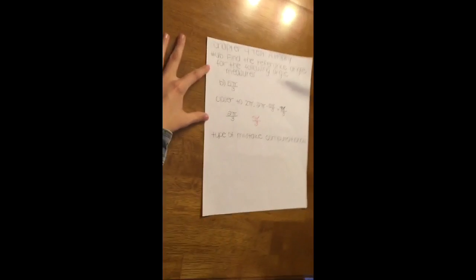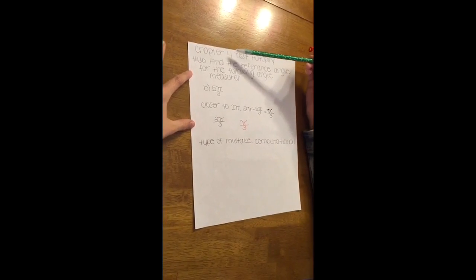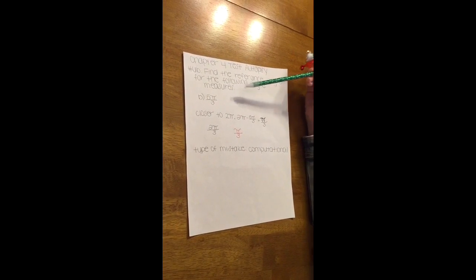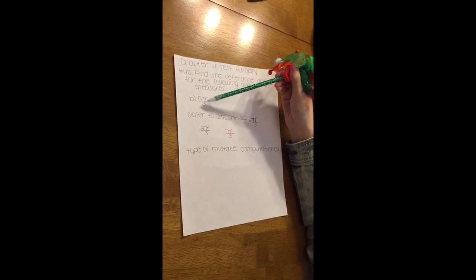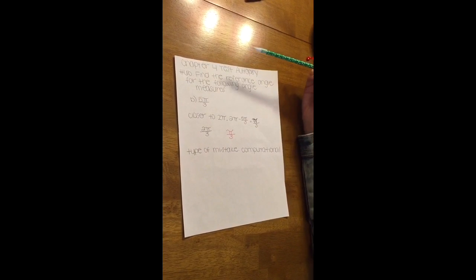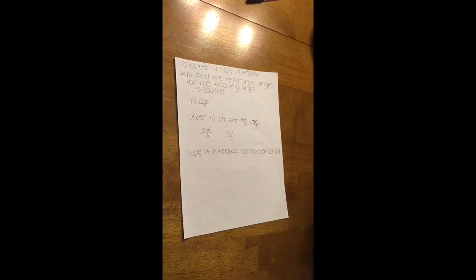Finally, our number 1 in our not-so top 5. This is number 6b of a Chapter 4 test. The directions say, find the reference angle for the following angle measures. The angle measure is 5 pi over 3. To find the reference angle, you look at your unit circle. Is 5 pi over 3 closer to pi or 2 pi?